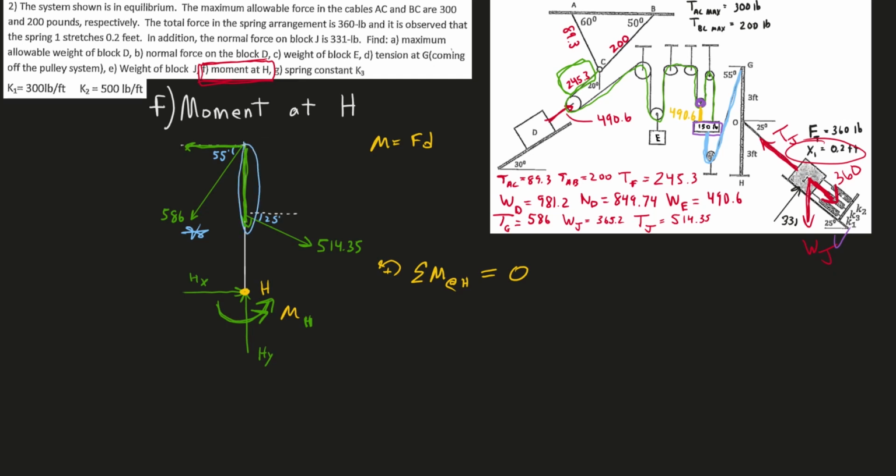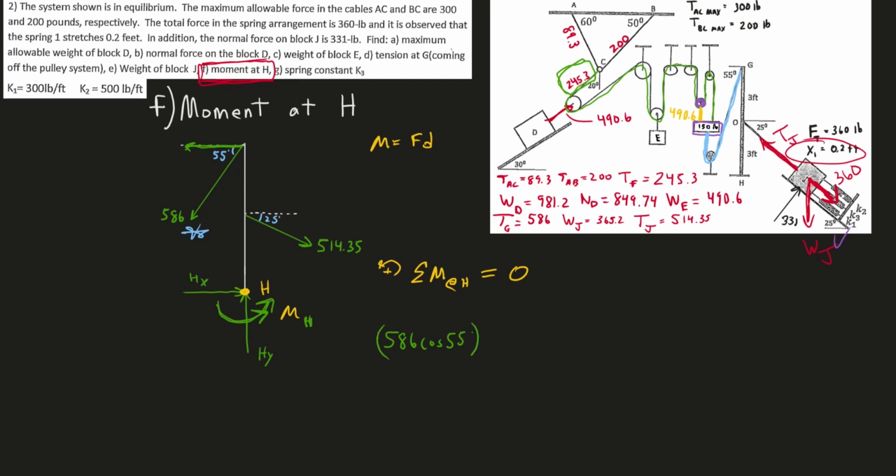So the moment of this component will actually be 0 because its line of action passes through point H. So that's easy. And the moment of our horizontal component will simply equal that force times the lever arm distance d, which is clearly this distance right here. So that horizontal force component will be 586 cosine 55.